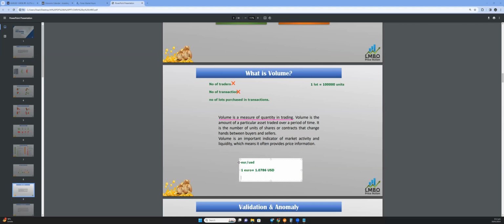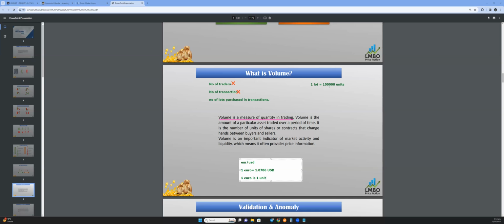And 1 euro is 1 unit. In one lot, 1 lakh units are required. It means in one lot we are purchasing or exchanging 1 lakh euro.